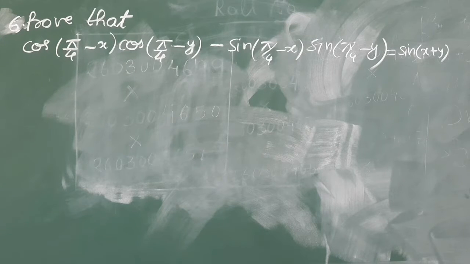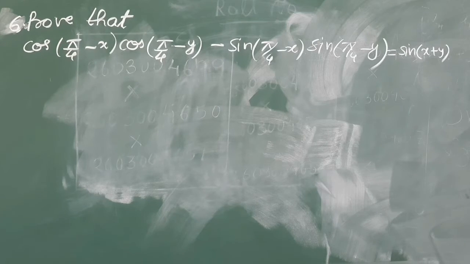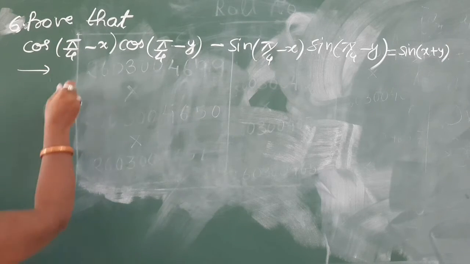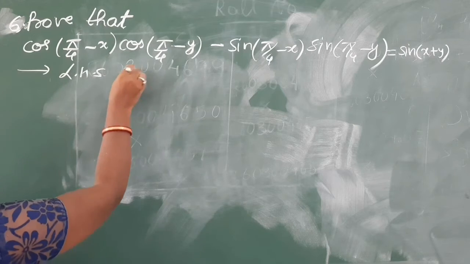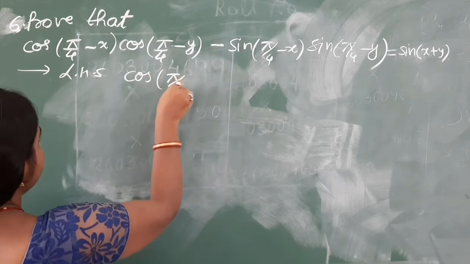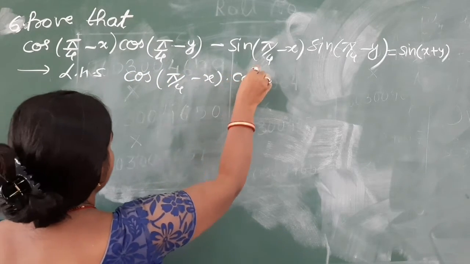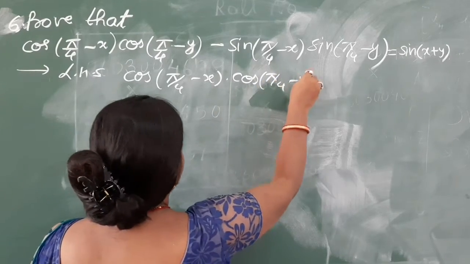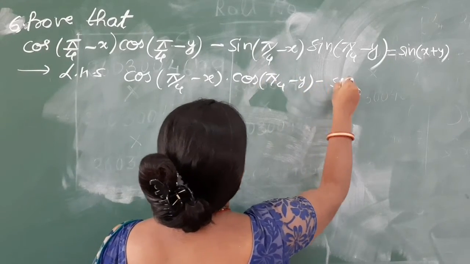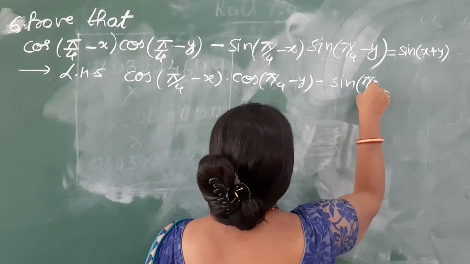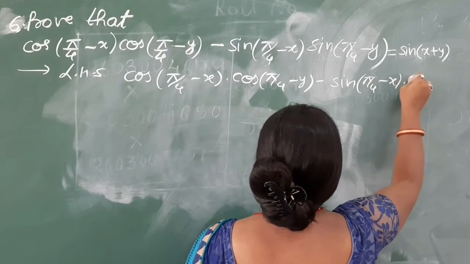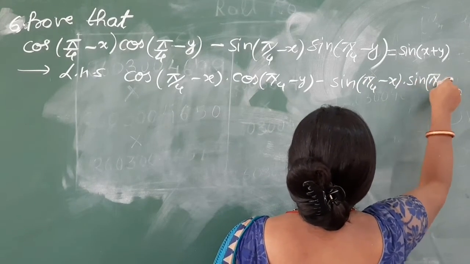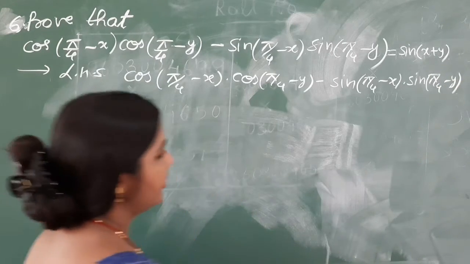Whenever we have to prove, we always have to see the right hand side part. In the right hand side, sine is there. So based on that we will prove. Here the left hand side is cos(pi by 4 minus x) into cos(pi by 4 minus y) minus sin(pi by 4 minus x) into sin(pi by 4 minus y).